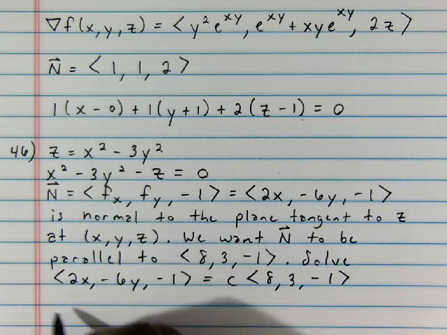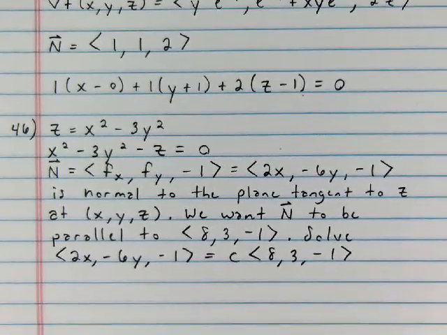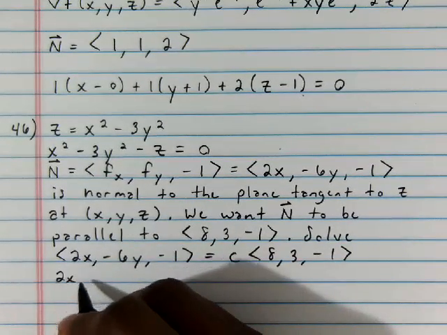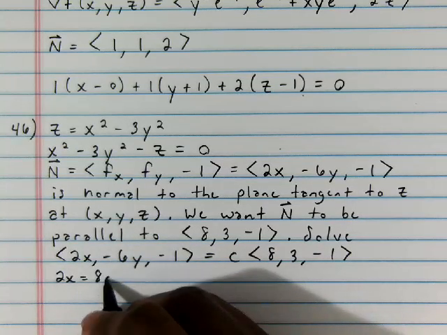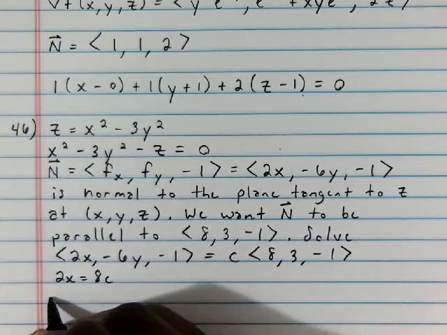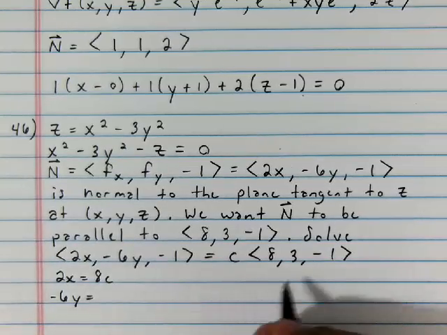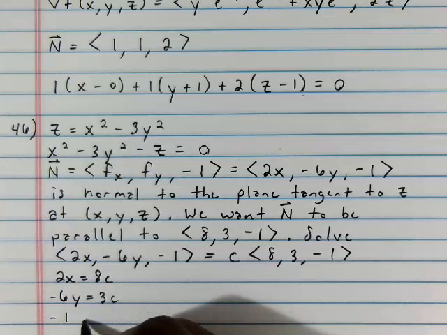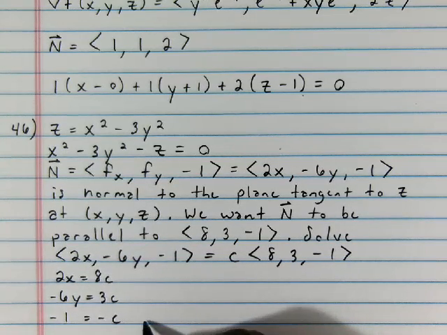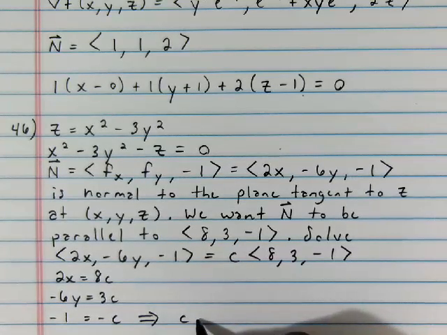So I'll just write out all the equations. This is 2x equals 8c, and then negative 6y equals 3c, and then negative 1 equals negative c. So this one tells us that c equals 1, and we put that back in these, and we can solve for x and y.